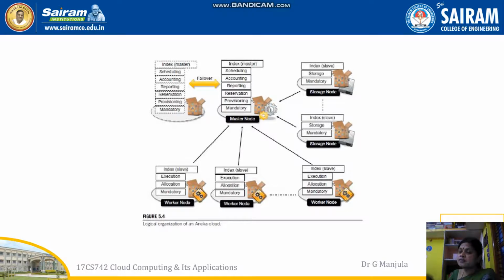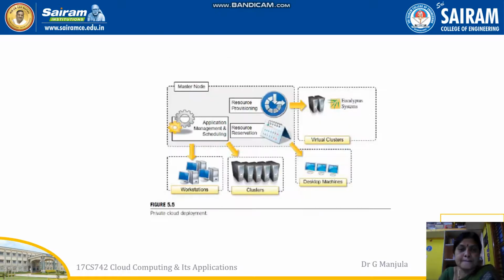I know the strengths and weaknesses of every member. Whatever job comes to me, I decide whom to assign the job to, and once I assign it, how efficiently I will get the job done, and how I am going to send the data. That is called a master and slave relationship. Similarly here you can see there are worker nodes, master nodes, storage nodes, and different types of nodes available. So this also looks like an Aneka infrastructure overview.